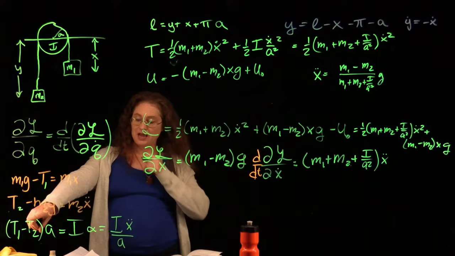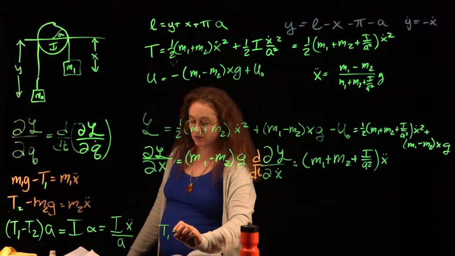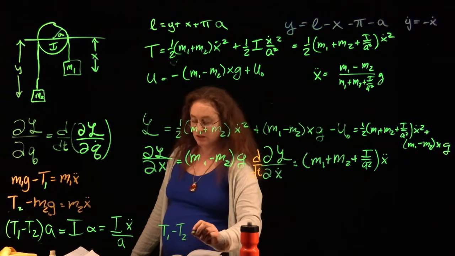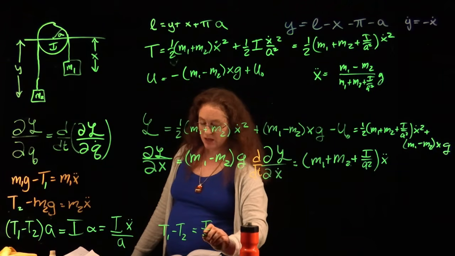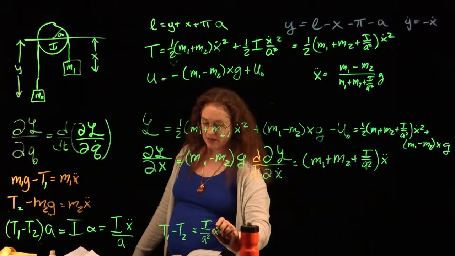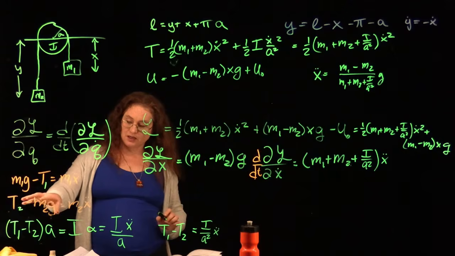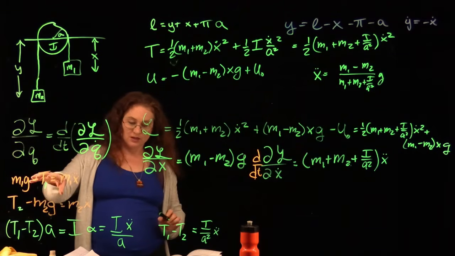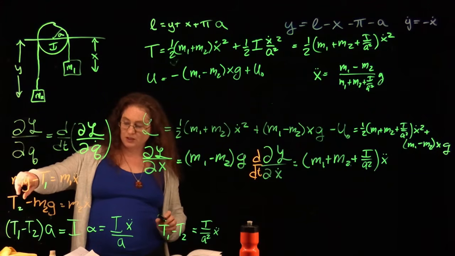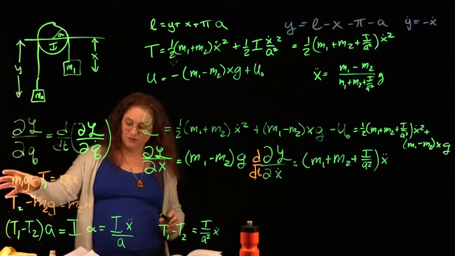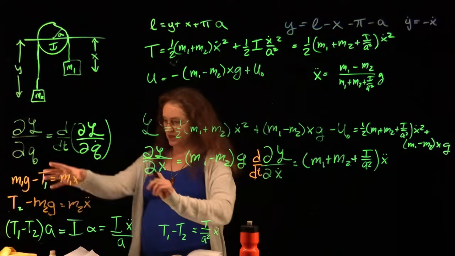So now I can write this as T1 minus T2 equals I over A squared x double dot, and then I can take this equation. I want to end up with T1 minus T2, so I'm going to take the negative of this equation and subtract that equation. Or I can take the sum of these.